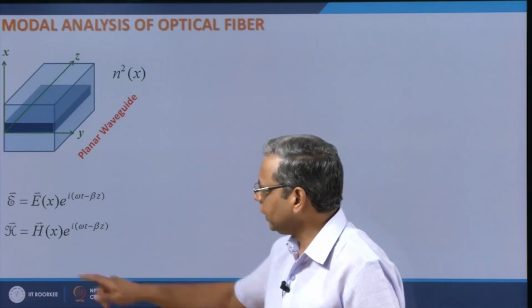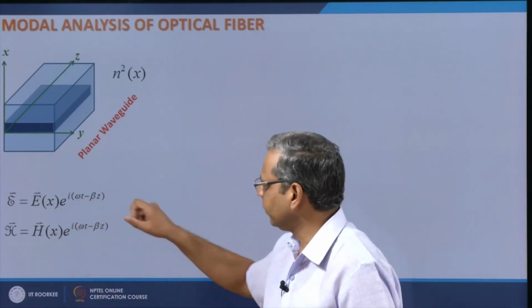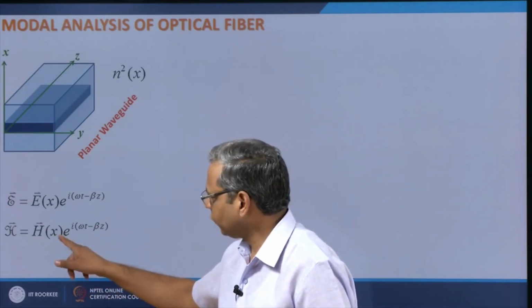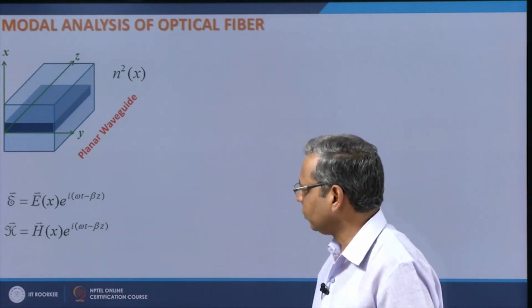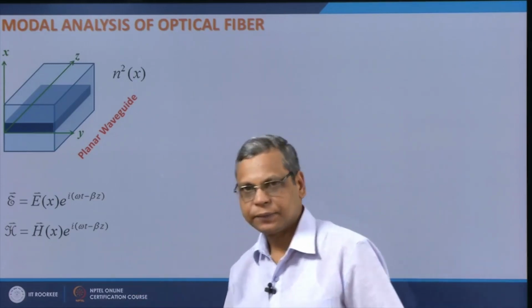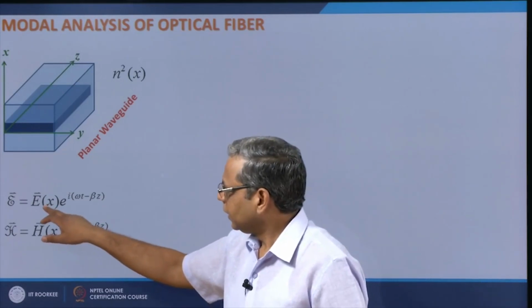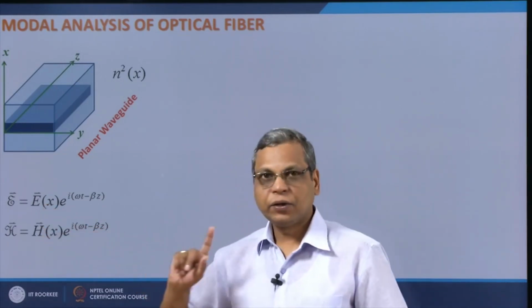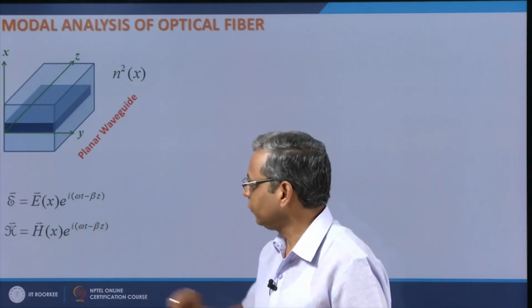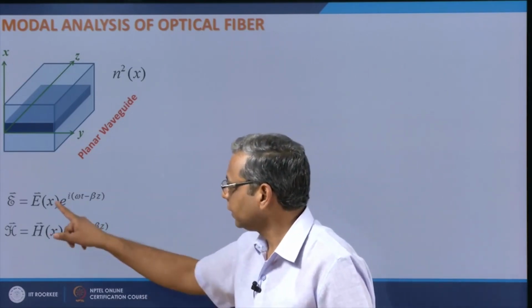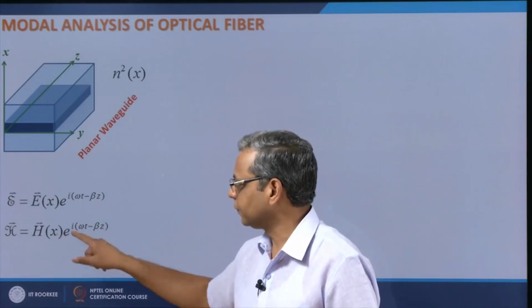E is equal to E of x e to the power i(omega t minus beta z), and H is equal to H of x e to the power i(omega t minus beta z). You remember that these E and H are not constants. If they are constants, then they are plane waves, but here E is a function of x and H is a function of x.